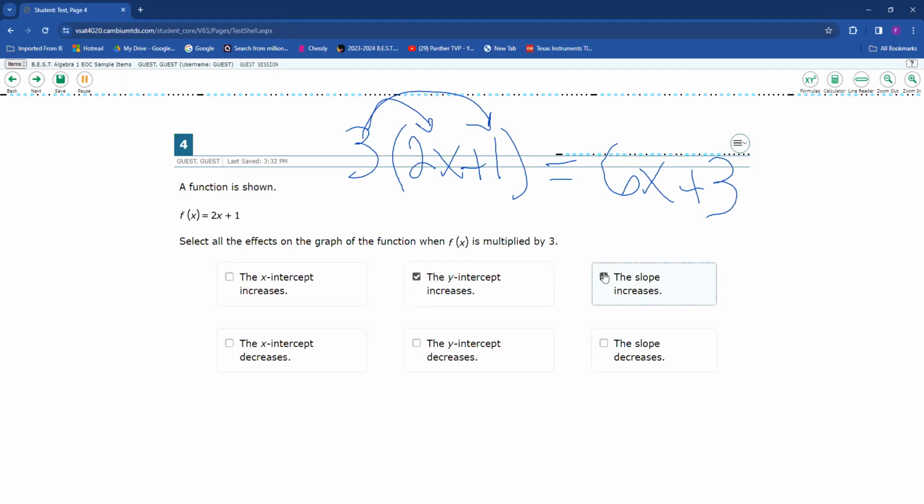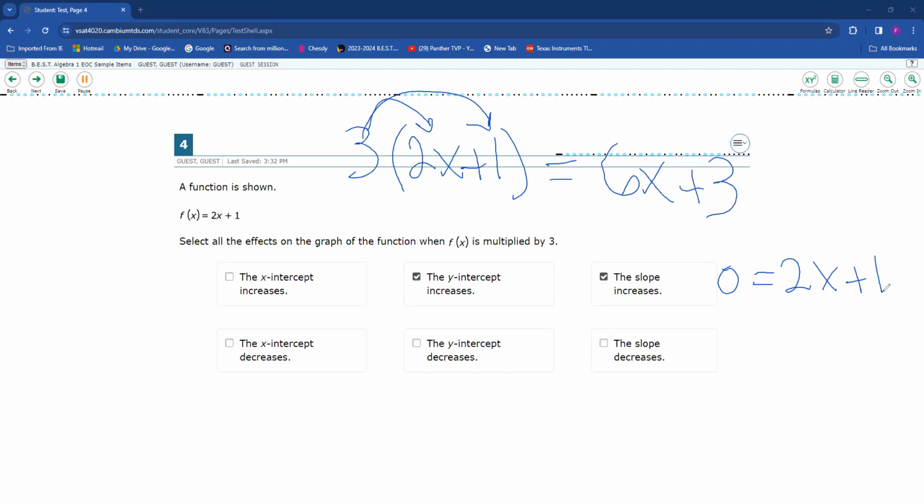Now, nothing happens to the x-intercept because of the following. If we leave the original equation, and for the x-intercept, y is 0, so this would say 0 is equal to 2x plus 1.